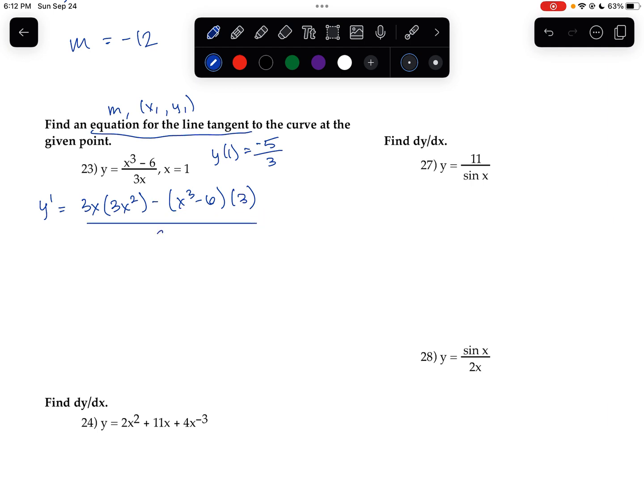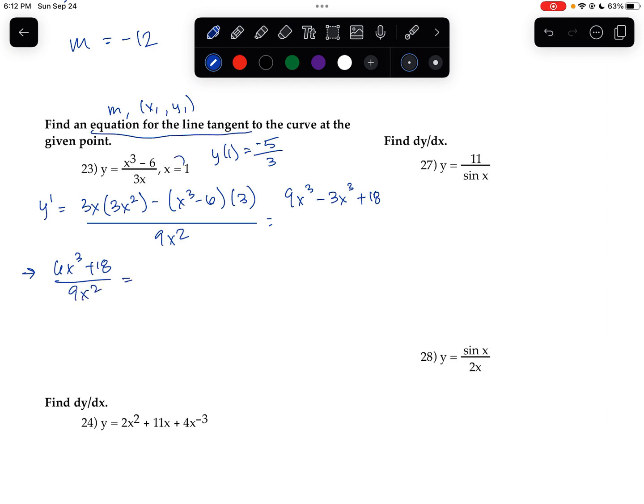So that's going to be equal to 9x cubed minus 3x cubed plus 18. And then that's going to be equal to 6x cubed plus 18 over 9x squared.